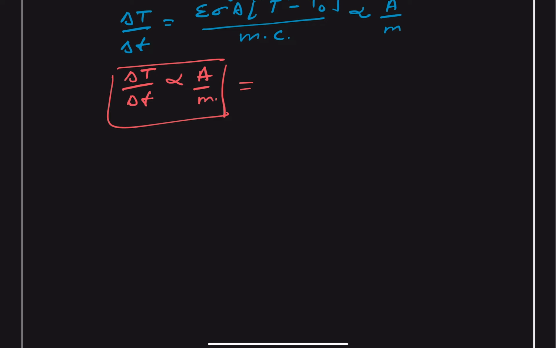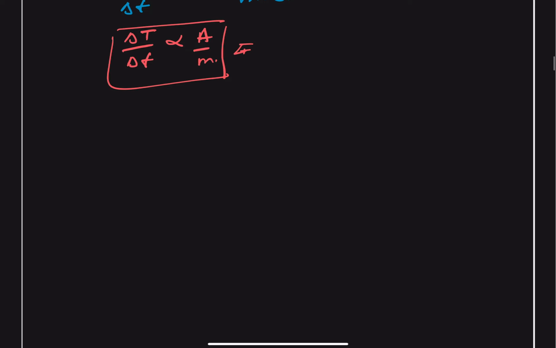A is our surface area. So we can look at the surface area and mass relationship.